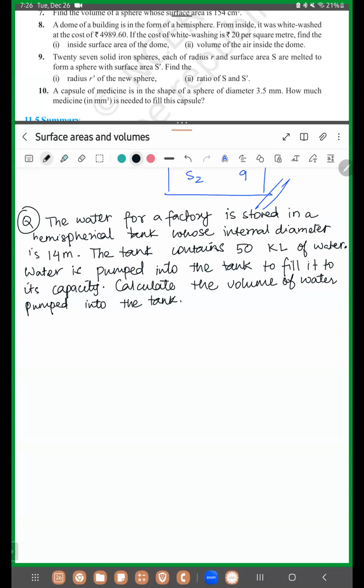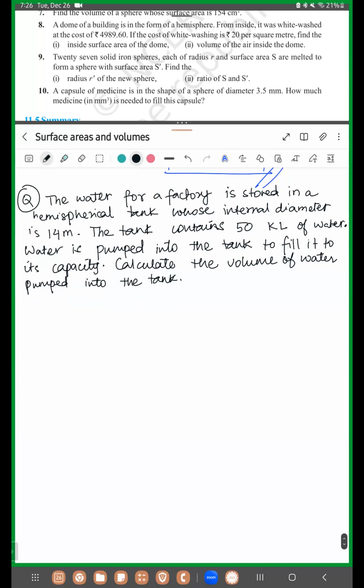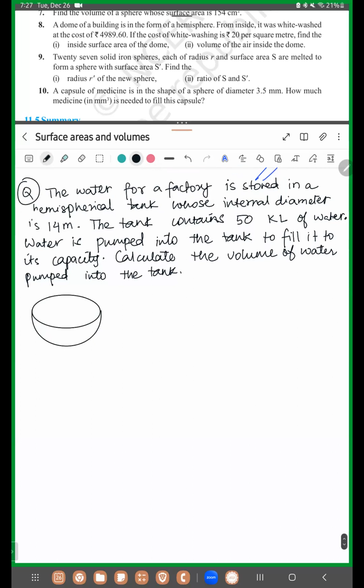Okay, so let's try to understand what is happening here. They are saying that the water for a factory is stored in a hemispherical tank whose internal diameter is so and so. So there is a hemispherical tank. Diameter is 14, so the internal diameter is 14 meters.